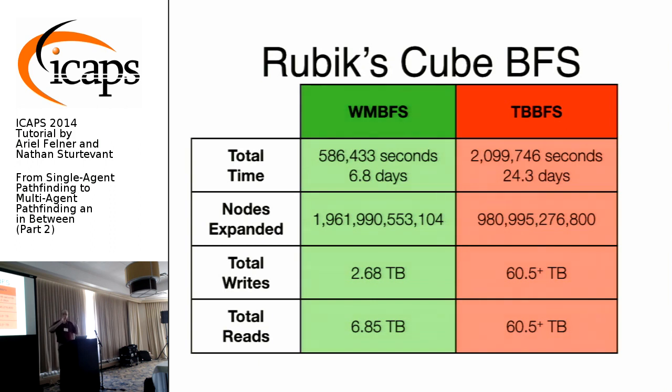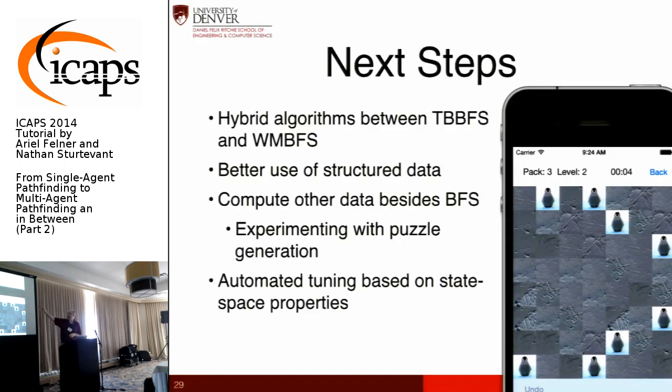So this is just a quick picture here of using external memory. So we could go from there. We could do hybrid algorithms. There's actually some ways we could use structured data more efficiently. I've been working on those, but my implementation needs some improvement. We could do other data. I've been working on generating puzzles for educational purposes. And so if you want to play my puzzle, you can see this here.